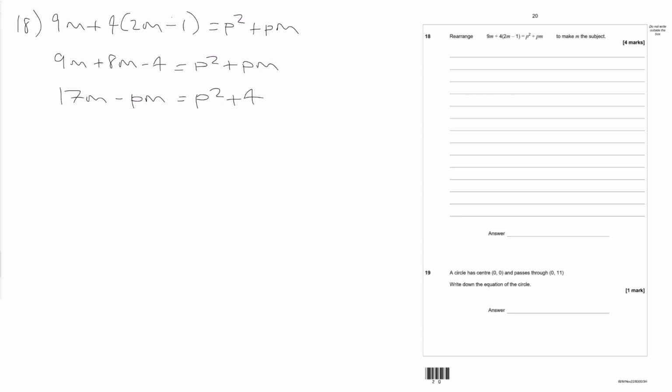So now I can factorize out the m from the left-hand side, and I get m times 17 minus p equals p squared plus 4. And therefore, we can divide both sides by 17 minus p, and we get that m is equal to p squared plus 4 over 17 minus p.